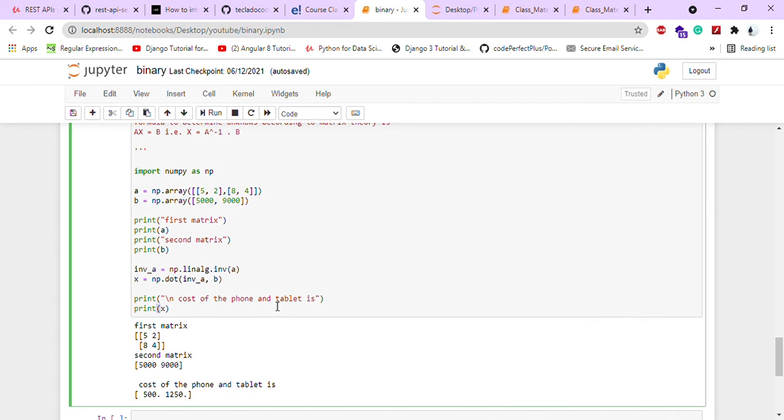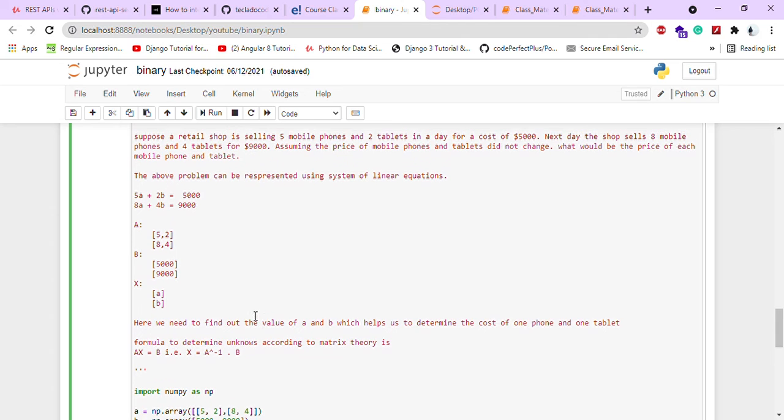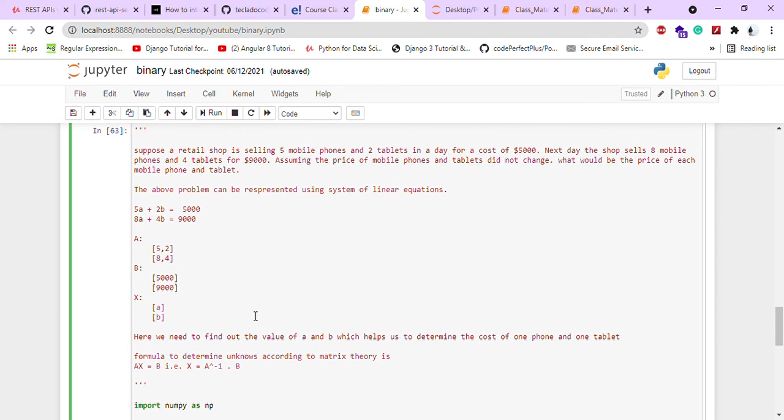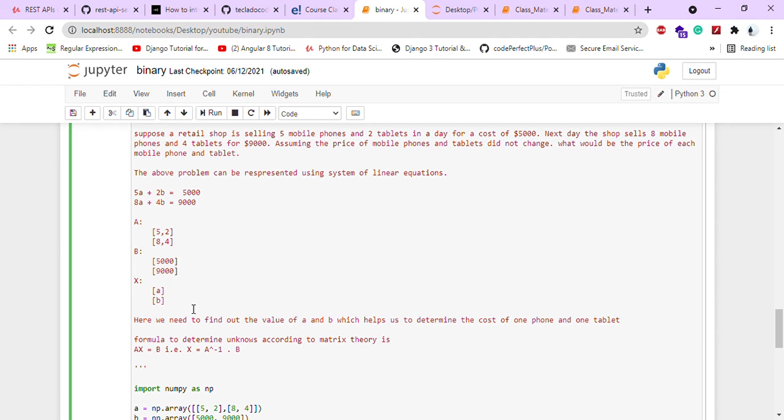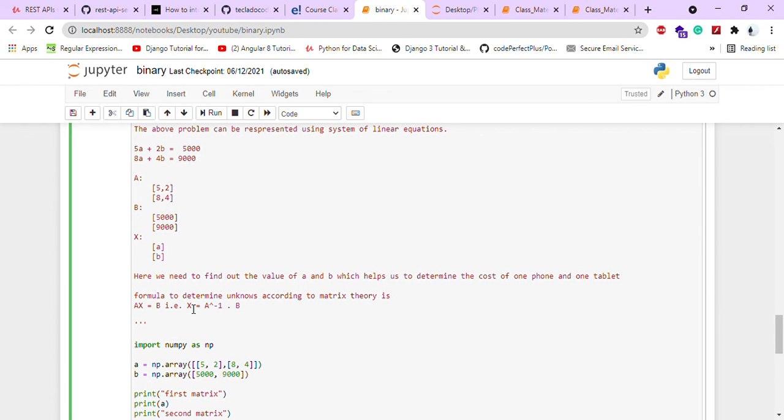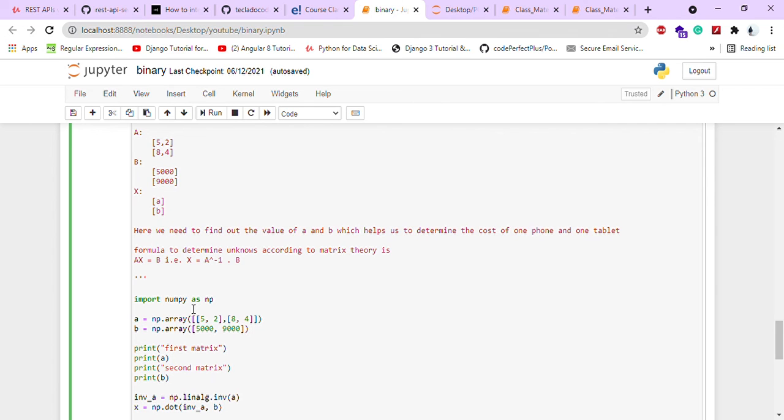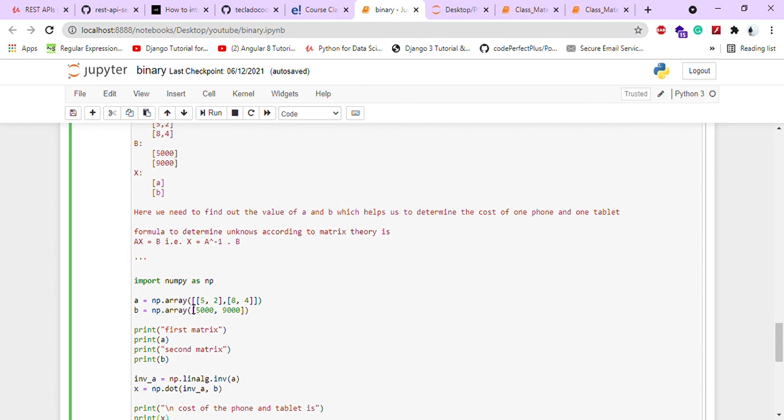You can use the same formula for similar questions and find the values. You can use any kind of a comma b, or any dimension of arrays. So here is linear algebra using the NumPy module, and I used it for a small real-time question. You can import anything and work on any kind of linear algebra question.